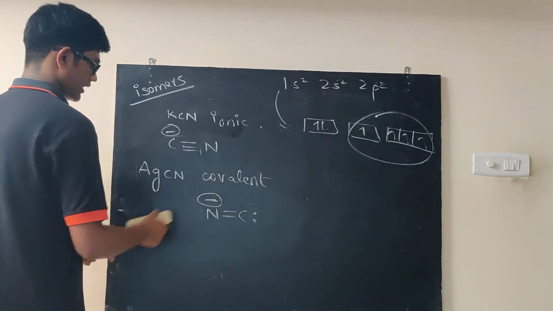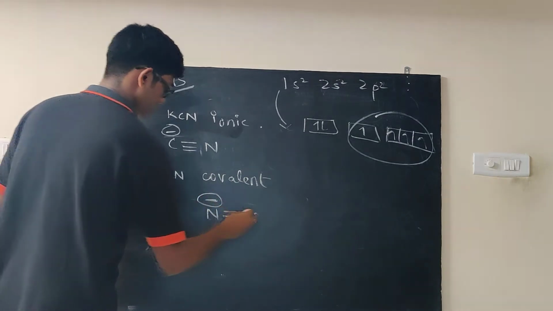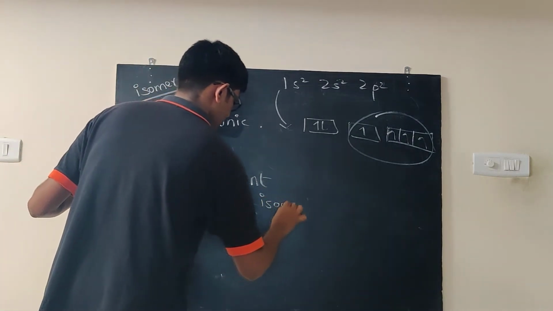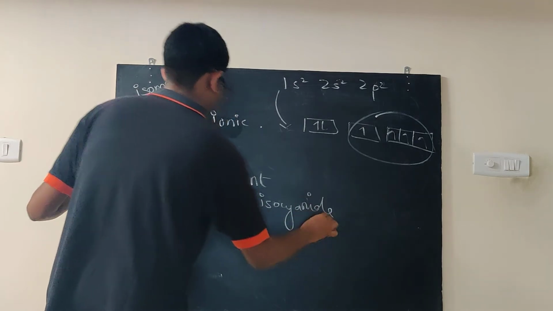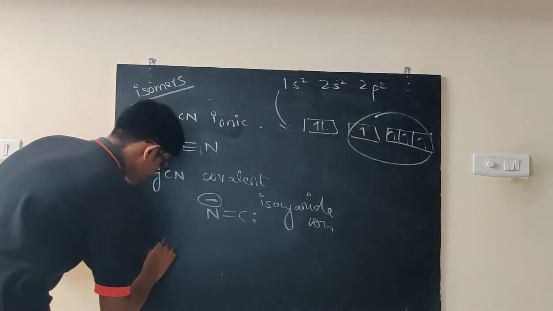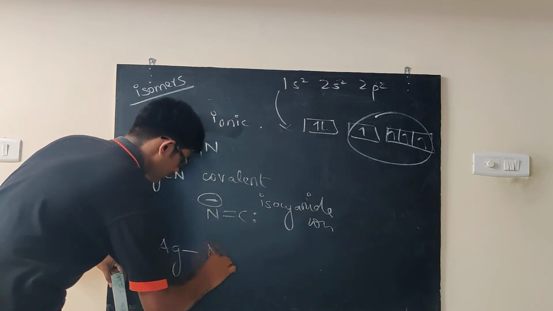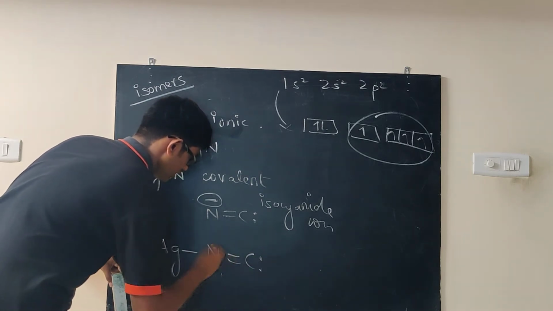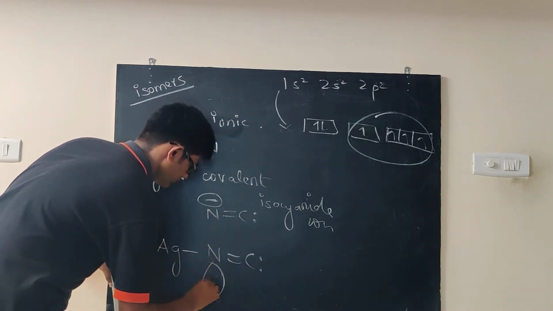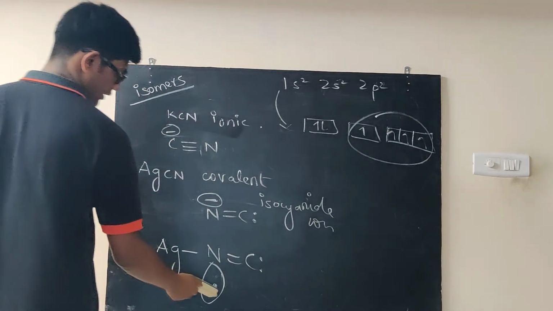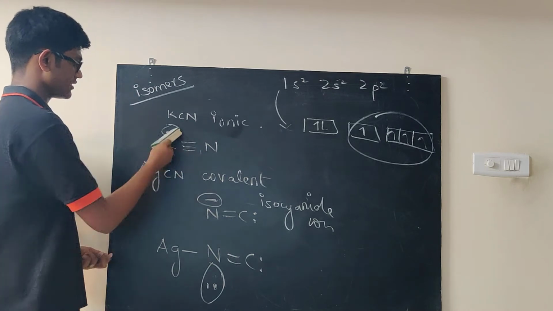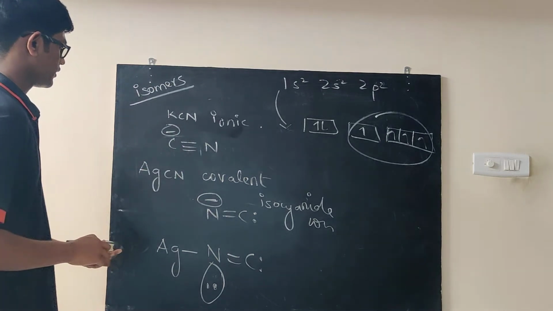This is if I had just the isocyanide. This is the isocyanide ion, okay? But in AgCN, this is how it works. It's covalently bonded, right? Nitrogen has a lone pair here, so nitrogen will strike whenever it needs to. So this lone pair actually acts as a donation site. In the other case, the negative charge acts as a donation site.